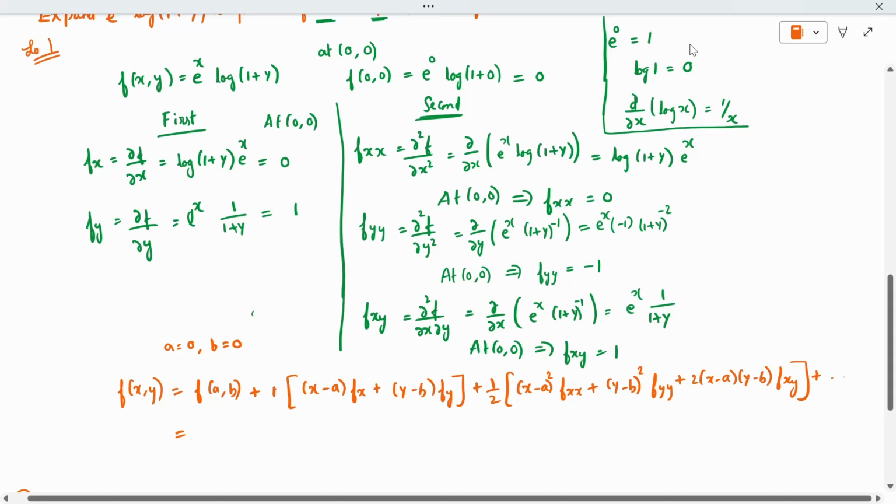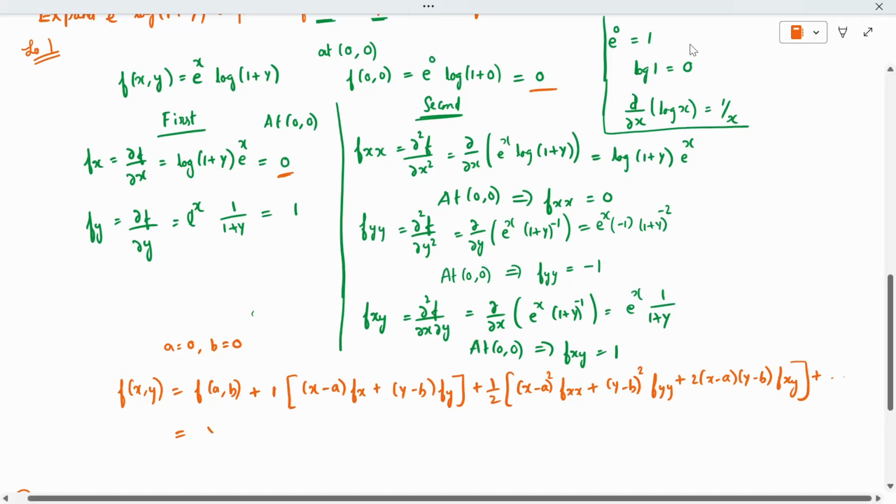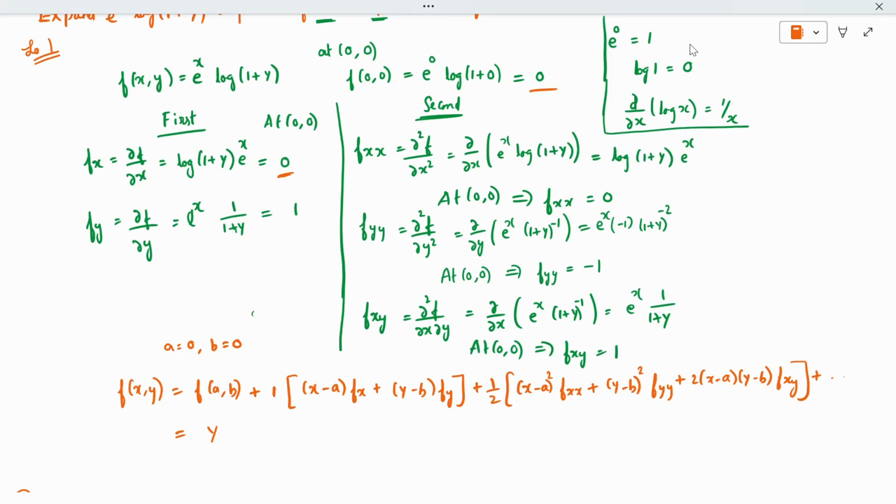F of 0, 0 is 0, need not write at all. Fx is also 0. Fy only we have, and b also 0, so fy means y as it is, y. Fy answer is 1, only y.